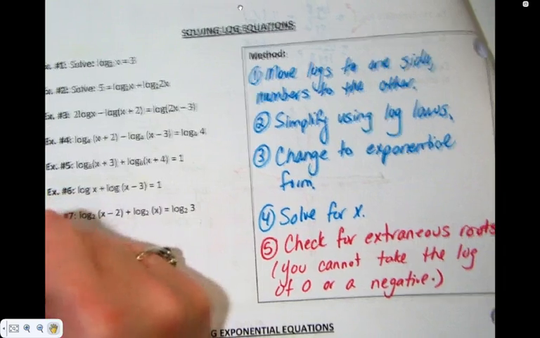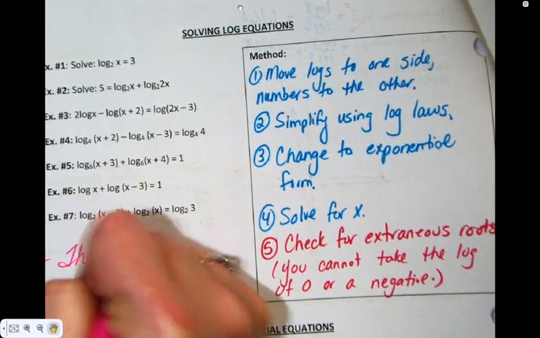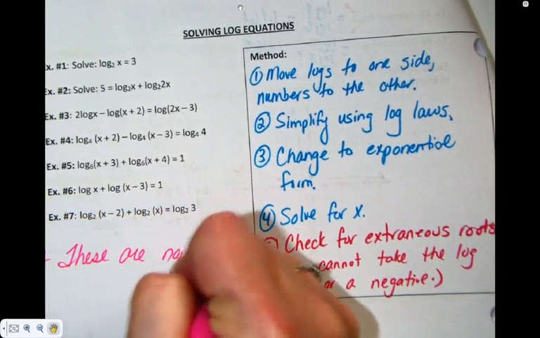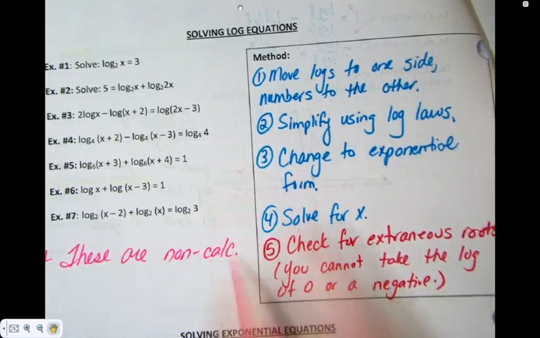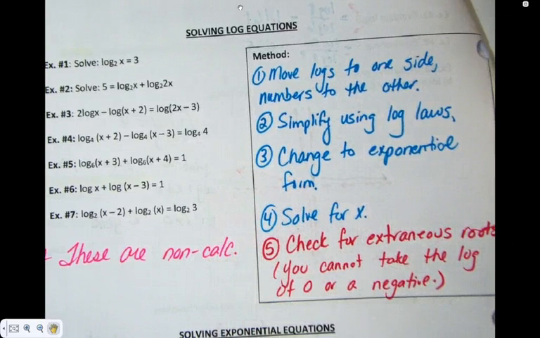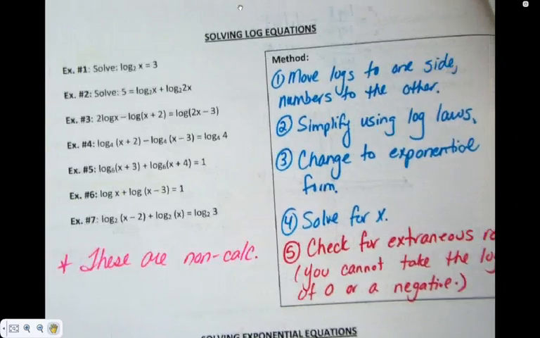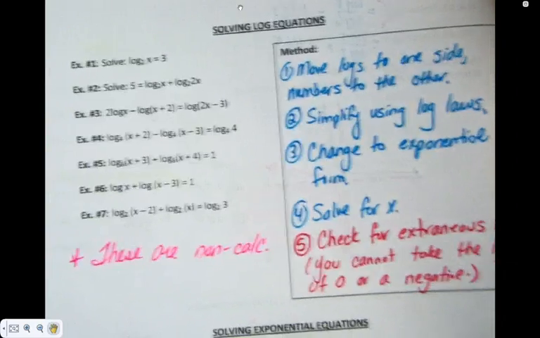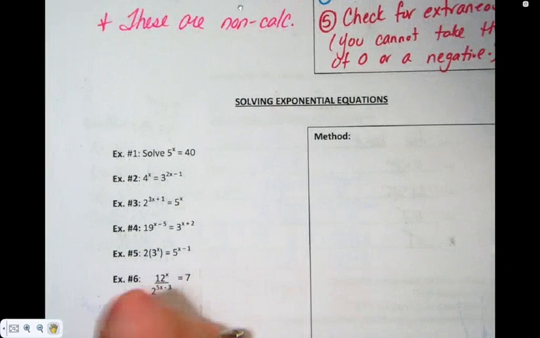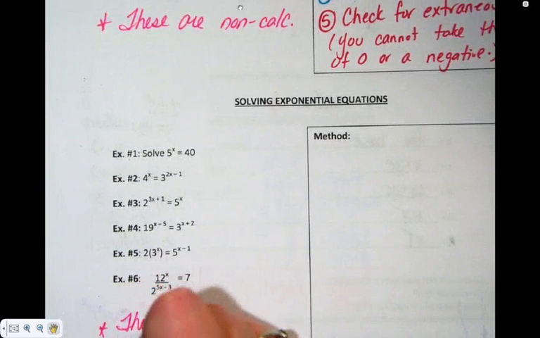Just make a note here that these are non-calc questions. The only reason I want to make that distinction is that the next section, which we'll do tomorrow, is calc questions.